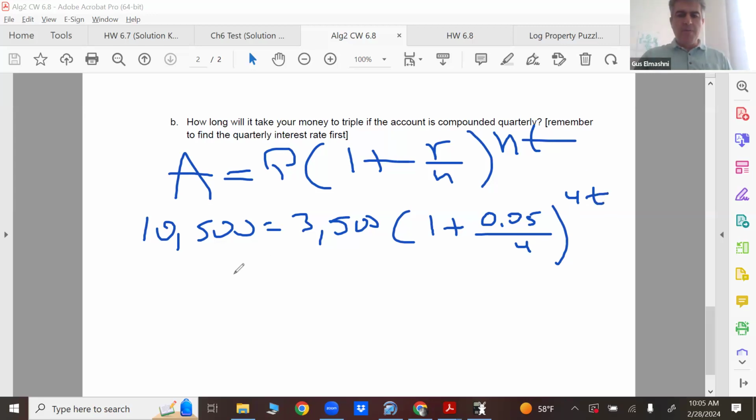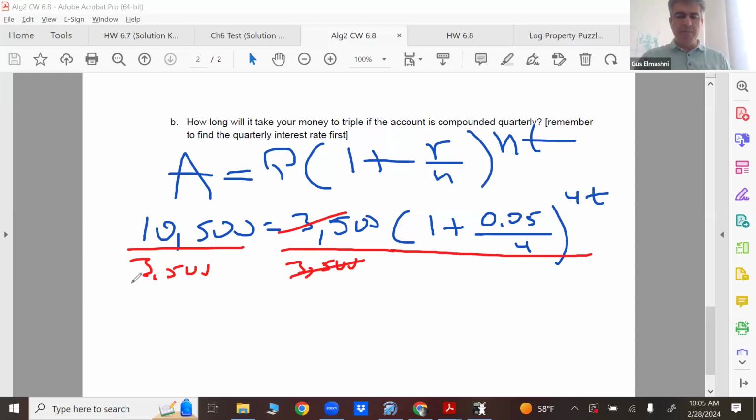So divide everything by 3,500. Technically, all that's being divided by 3,500. Those go away. And I'll need a calculator.